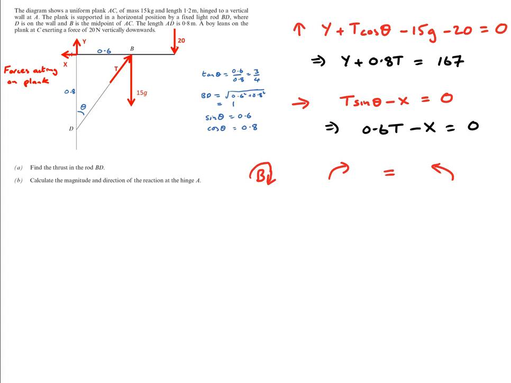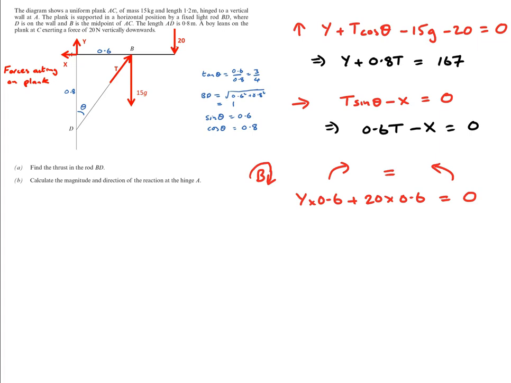Now both the y and the 20 are trying to turn the plank clockwise about B, and the moment of them is y times 0.6 plus 20 times 0.6 is the total clockwise moment, and that must equal 0.